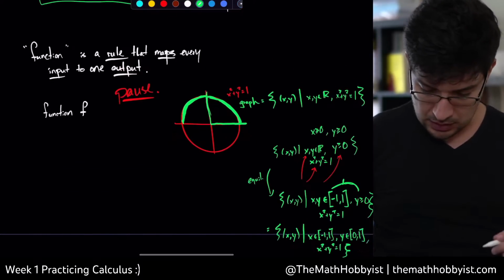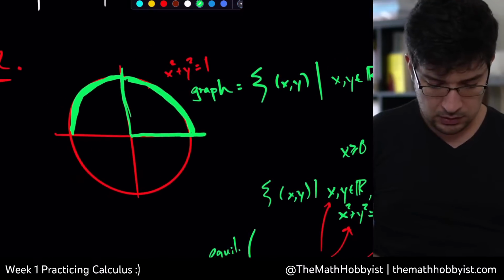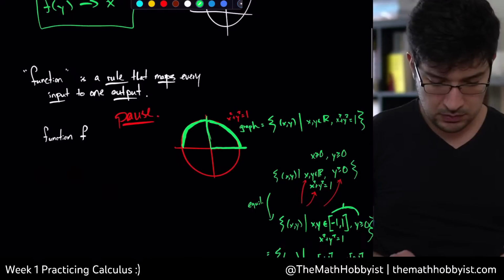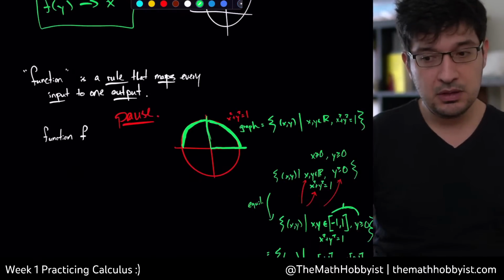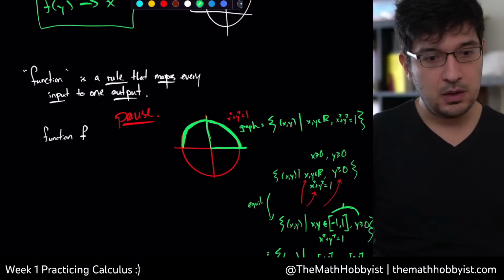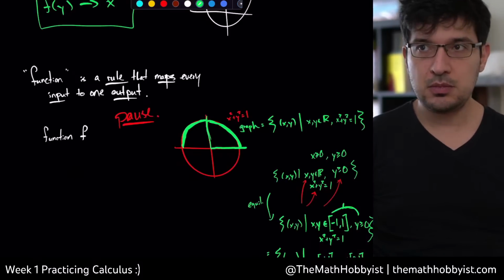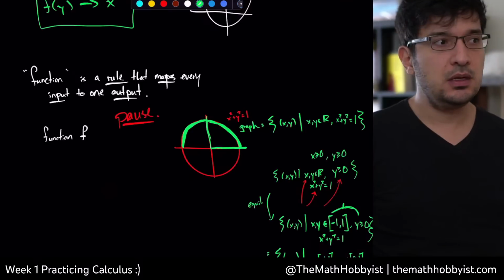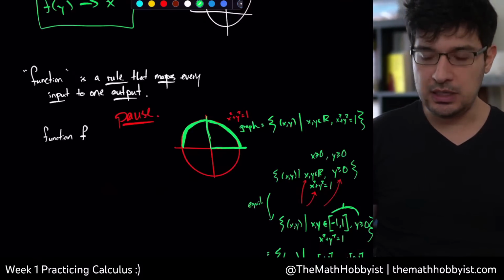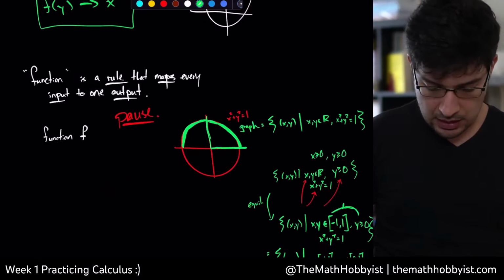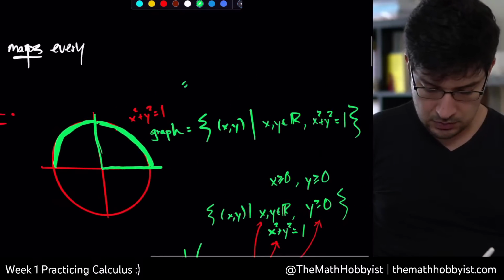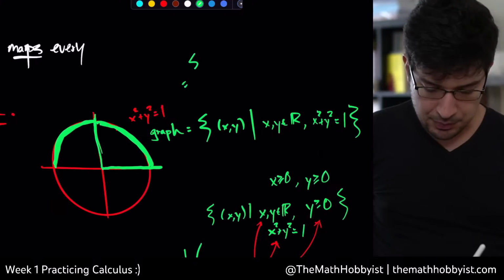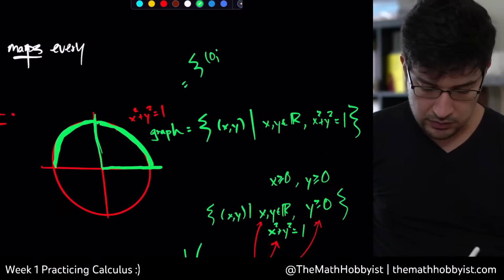So, if you take the whole circle and think of it as points in space, then you have a graph, or an equation, or yeah, the graph of solutions of an equation. And once again, this has infinitely many points, but it includes ones like 0, 1.